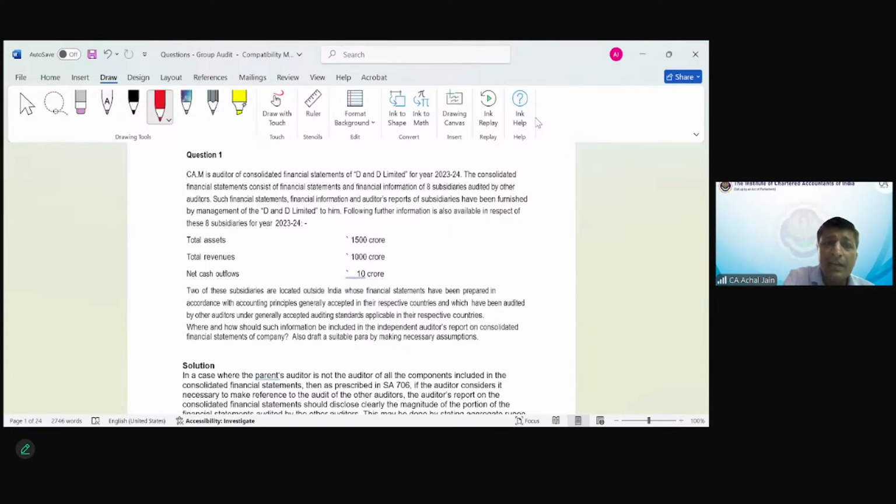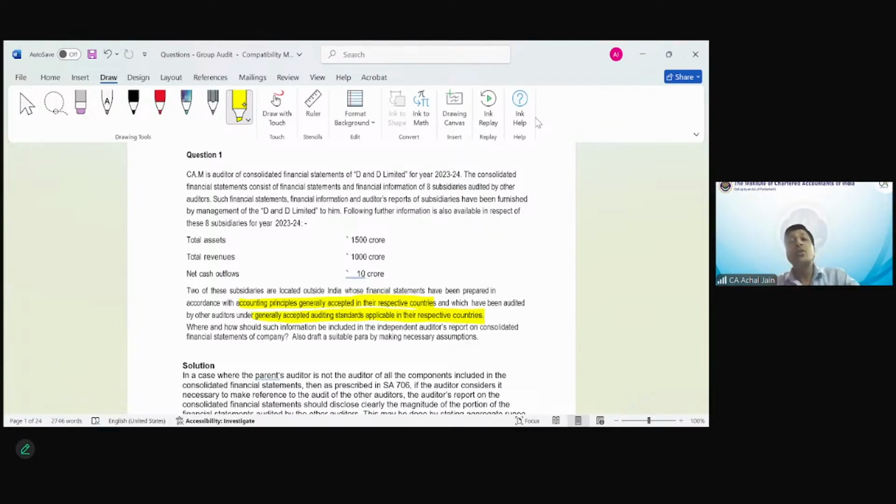And which have been audited by other auditors under generally accepted auditing standards applicable in those countries. Now you need to comment where and how such information should be included in the independent auditor's report on CFS.